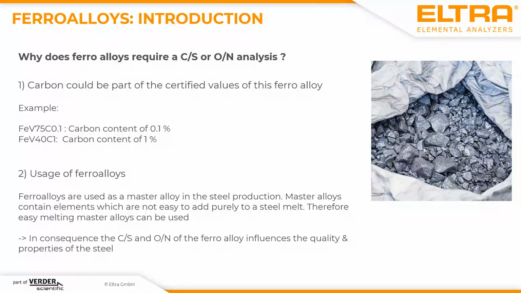When you consider the typical usage of ferroalloys, which means they are used to alloy, for example, steel, then you always have to consider that carbon and sulfur and the content of other elements also influences the physical parameters of the steel which has to be produced. And this is the reason why a chemical analysis of these elements is really important.